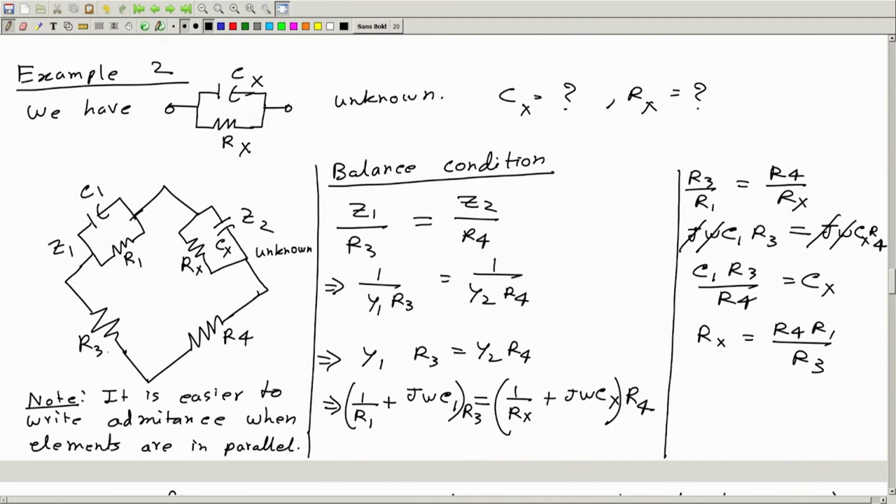See, this is pure real numbers, and therefore this ratio R3 by R4 is a pure real number, and that is why the balance equation was so easy. This was an example of a ratio bridge, where two adjacent sides are chosen to be pure.